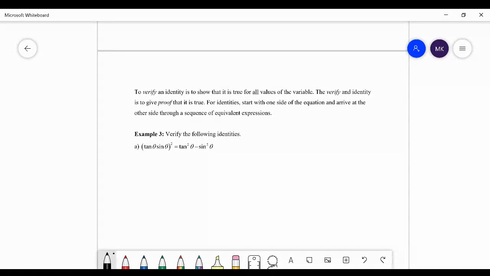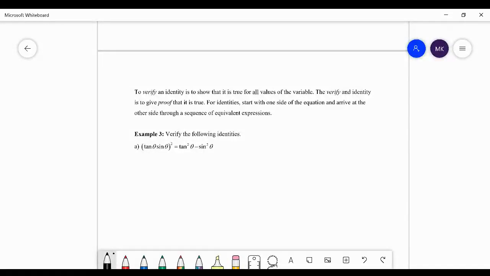Now, for identities, you want to start with one side of the equation and, using a sequence of equivalent expressions, so using ideas of trig definitions, things like cosecant is 1 over sine, tangent is sine over cosine, things like that, get from one side to the other.